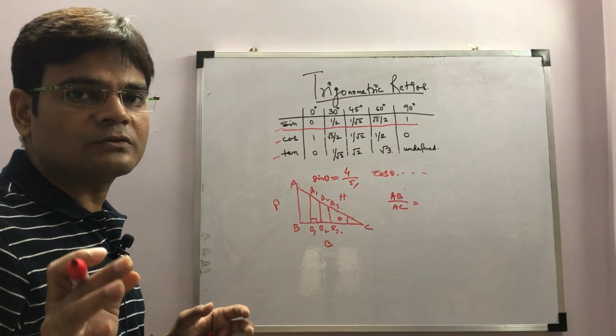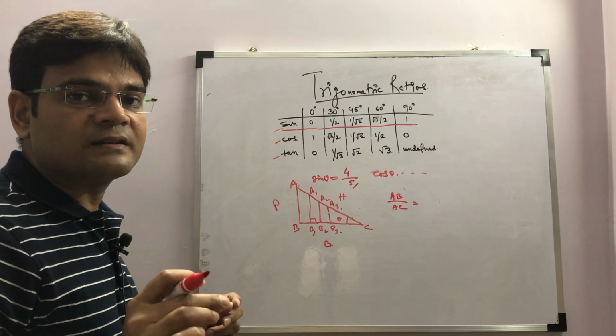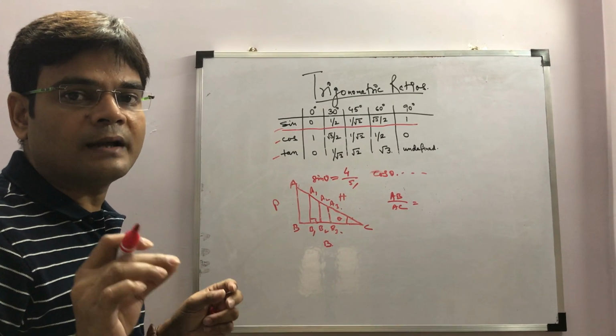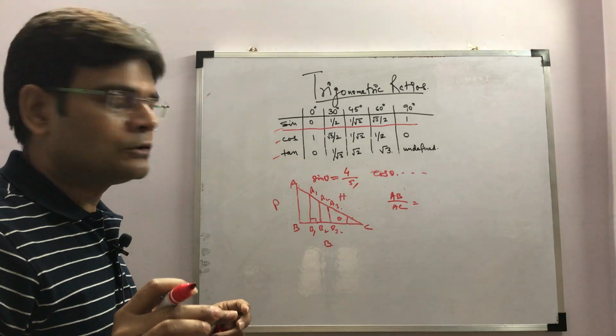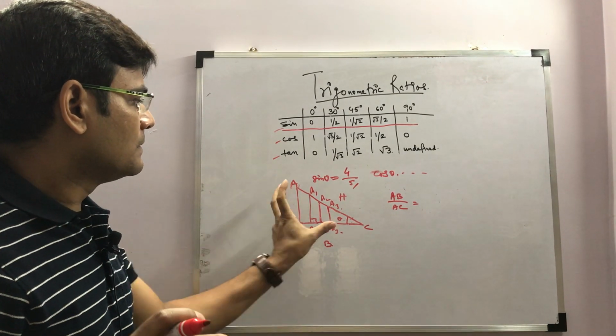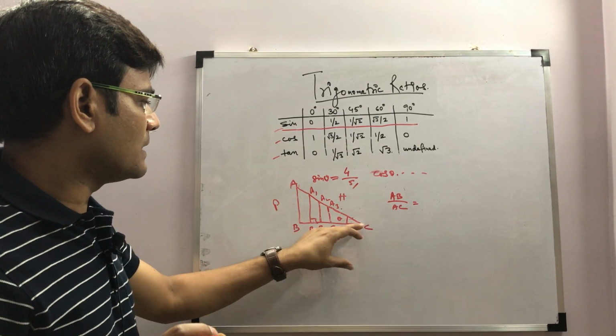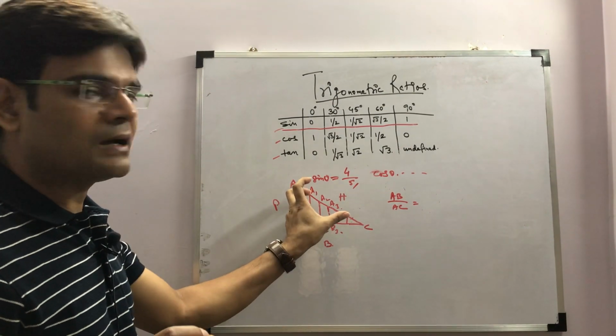So they are the ratios of what? Sin is the ratio of perpendicular and hypotenuse. If I consider triangle ABC, then AB by AC is sin theta.